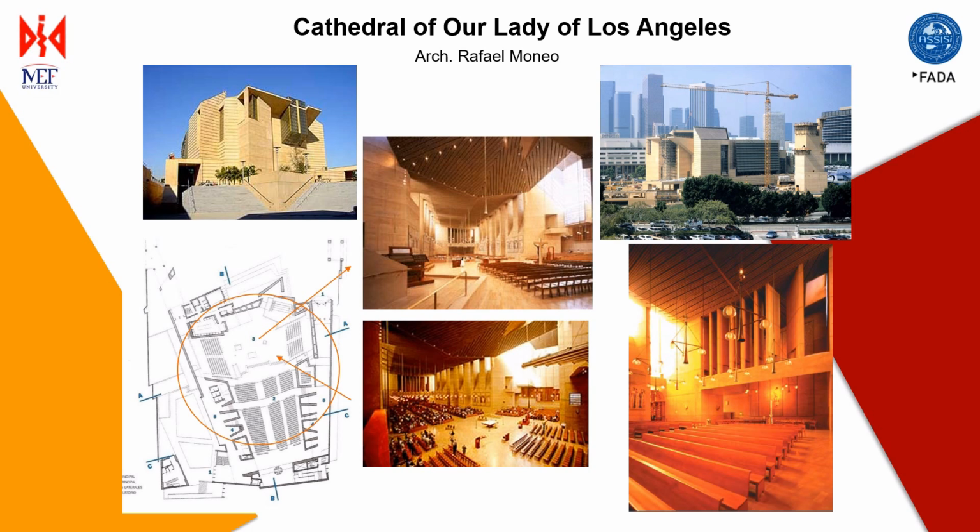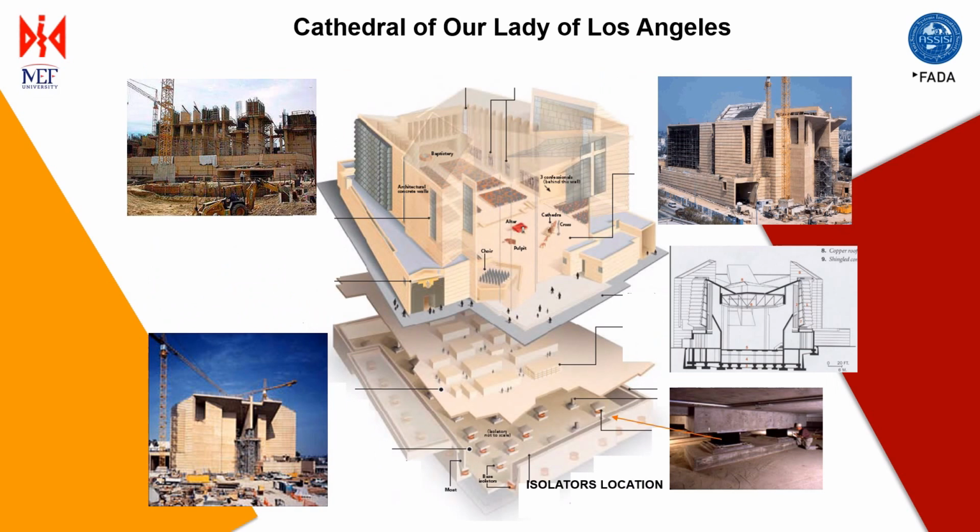The complex geometry of the construction was possible because of the use of base isolation. Huge volumes in the interior space were obtained, and outstanding images of resistance against earthquake is shown. The building has not been damaged with the frequent tremors.